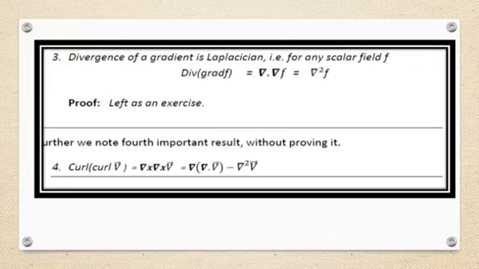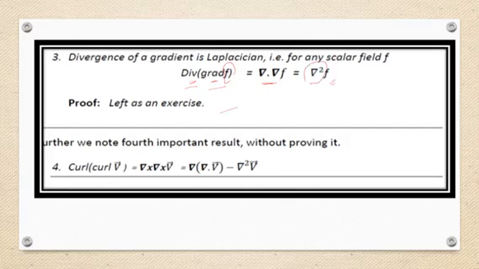Another important property which we will be going to use in our course is this one, divergence of gradient. That means any scalar field, if you take first gradient then divergence, this is also second order differentiation, that is equivalent to directly operating Laplacian on that field.